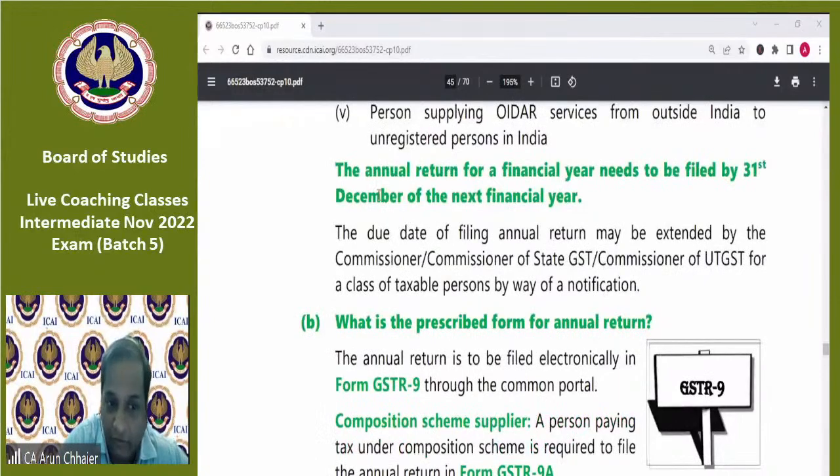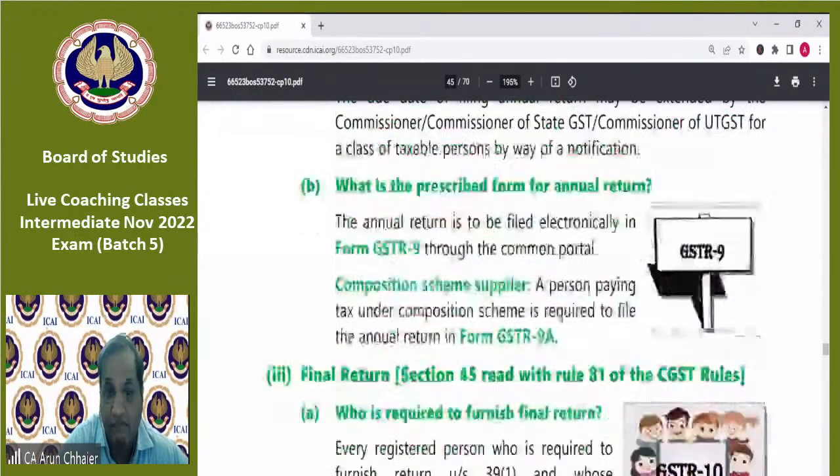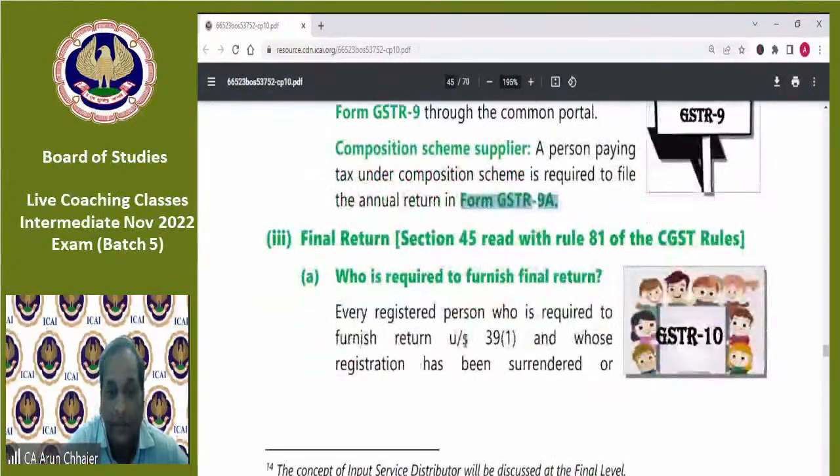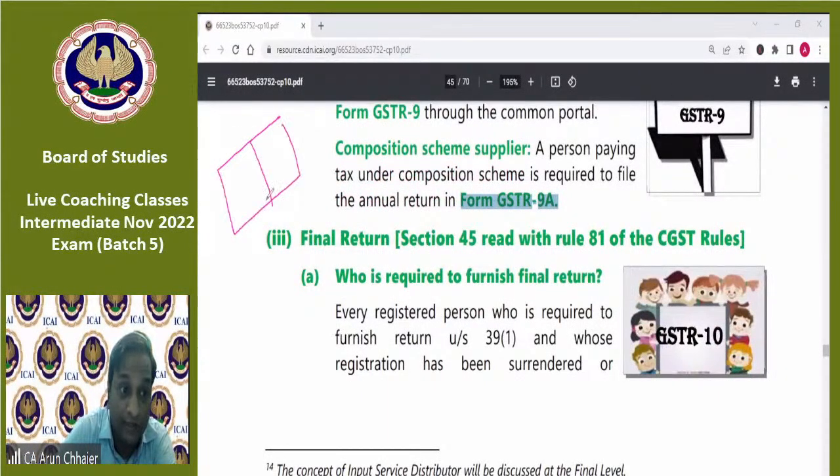Then the annual return due date is 31st December. What is the prescribed form? GSTR 9 for regular category and GSTR 9A for composition category. In the exam, if there is a theory question, try to understand GSTR 4 versus GSTR 9A.